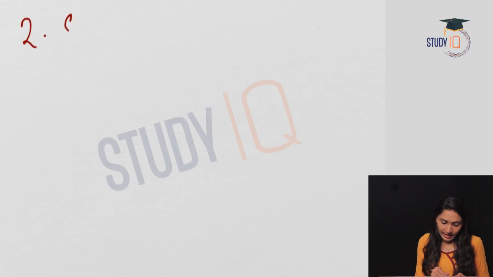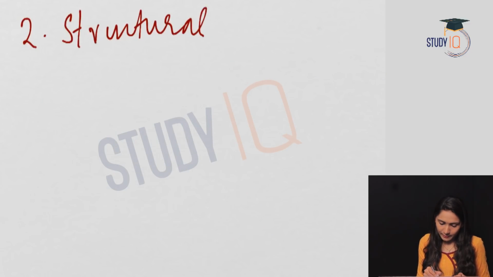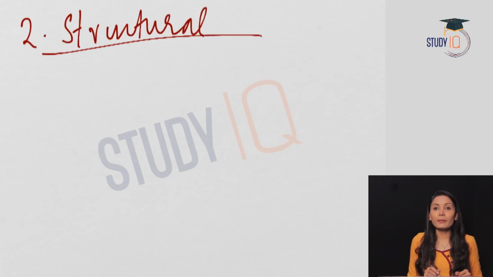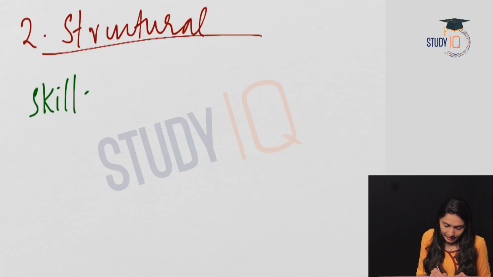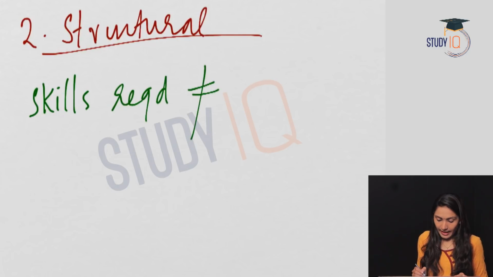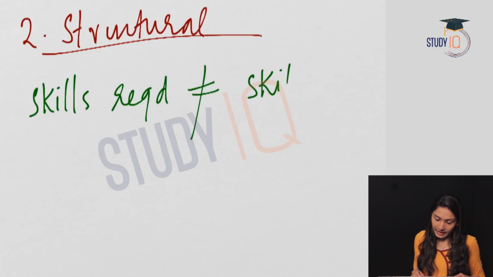Next is structural unemployment. Structural unemployment is caused due to a mismatch between the skills required by the industry and the skills possessed by individuals.